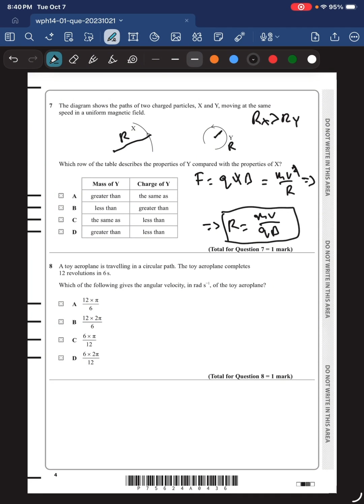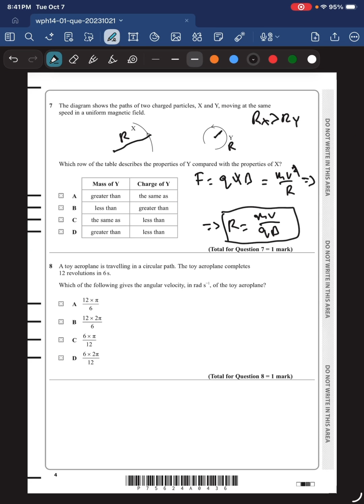So, is the mass of y greater than, so okay, what does it say? Mass of y is greater than the mass of x, and charge of y is the same as charge of x. If that was the case, the mass of y would lead y to have a larger radius, so that's not correct.